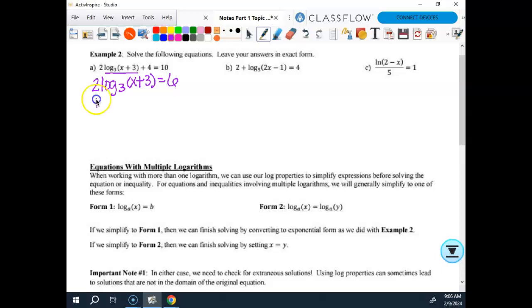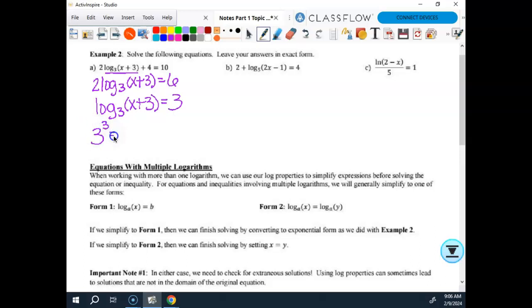That's okay. So we're going to go log base 3 of x plus 3 equals what? 3. Lots of 3's in there. Okay? So then now it's isolated. Now I can rewrite it, right? So what's the base of my exponential? 3 to the what power?